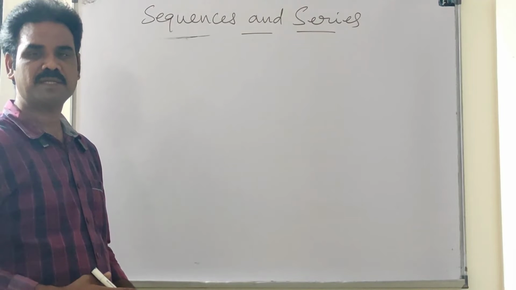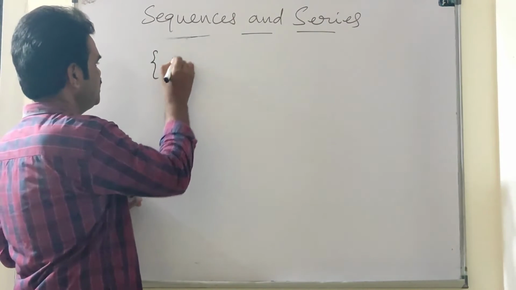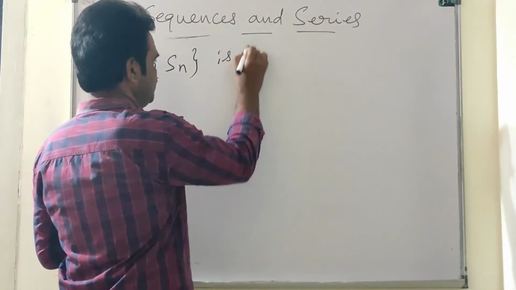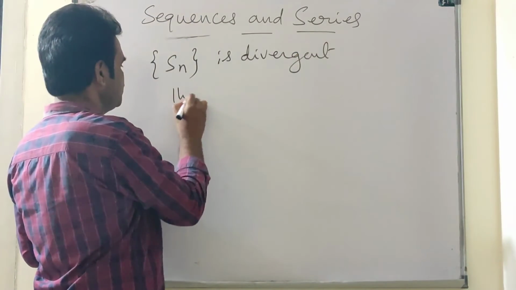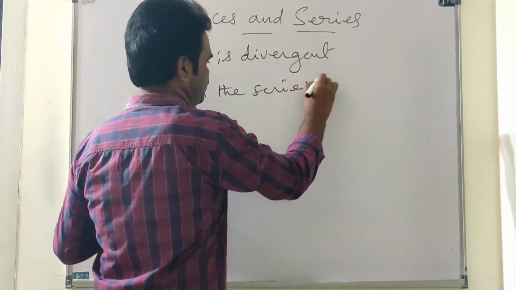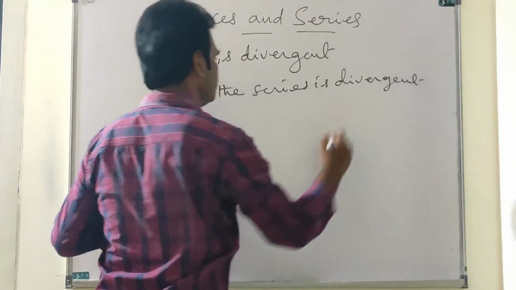If the sequence of partial sums is divergent, then you say that the series is divergent. That means if the sequence of partial sums, that is Sn, is divergent, then the series is divergent. Okay.